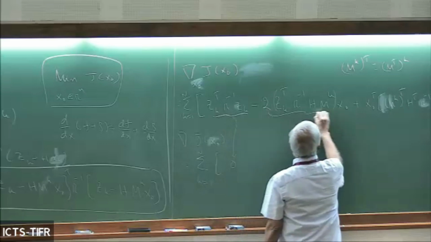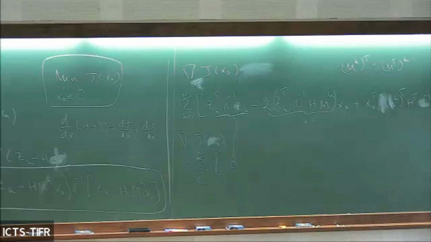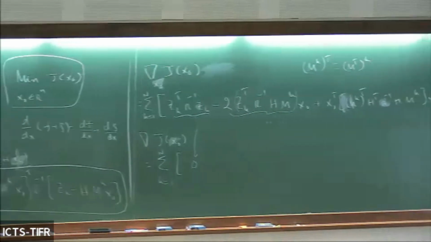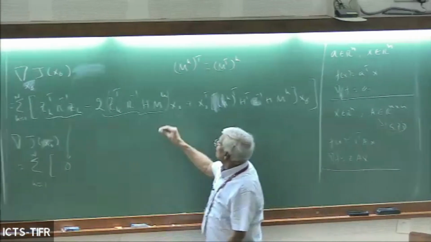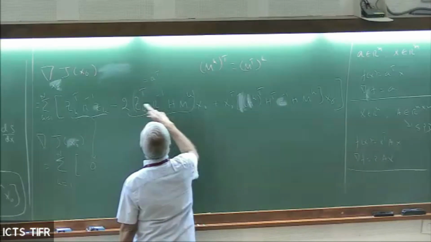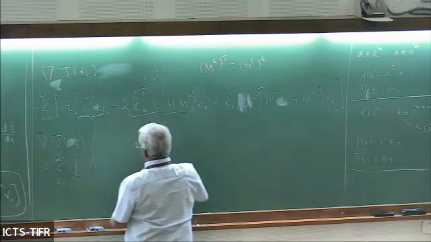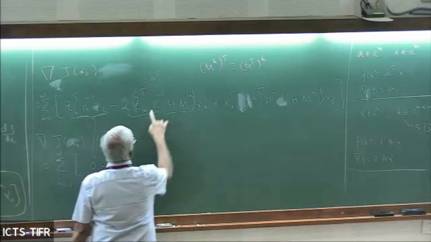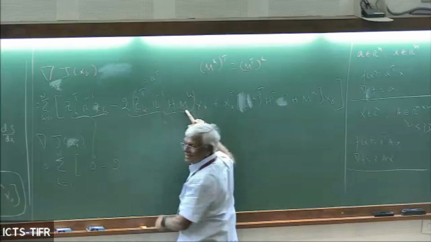The gradient of this, let's look at this now. I have to rewrite this in this form, A transpose x. Instead of x, this is x naught. So if I equate this to A transpose, this becomes A transpose x naught. Its gradient will be minus 2 times A. So if this is A transpose, what is A? The transpose of this.